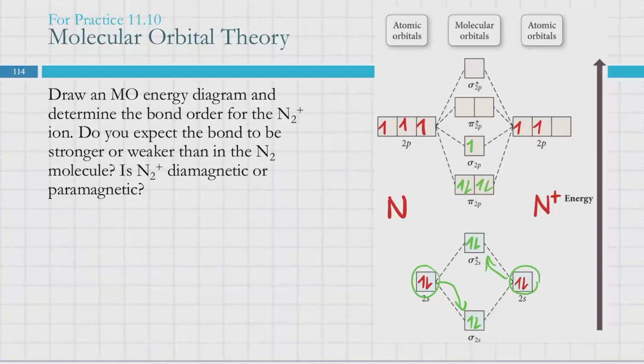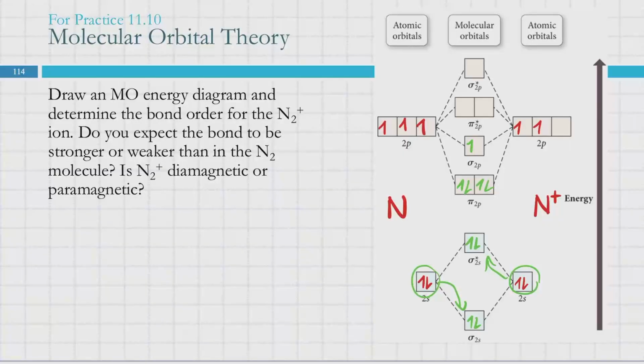So what's the bond order, first of all? How many bonding electrons do we have? There's two possible answers that I could expect you to give for this.